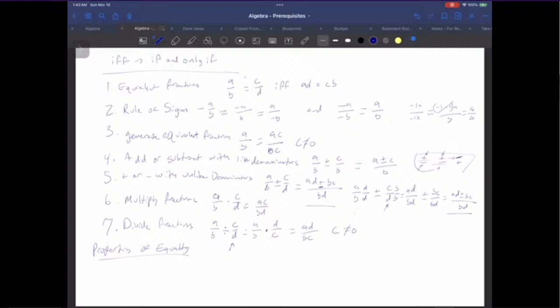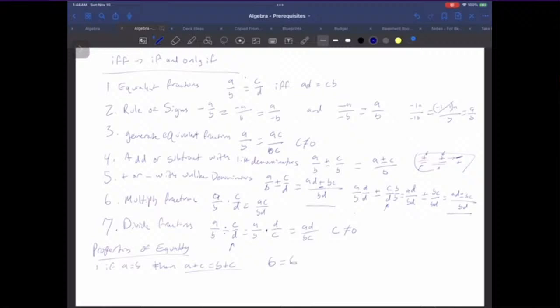So we have one. If A equals B, then A plus C equals B plus C. That'll become important later, because we can add C to both sides. If you add a number to both sides of an equation, it doesn't affect the equation. Here's an example. 6 equals 6.